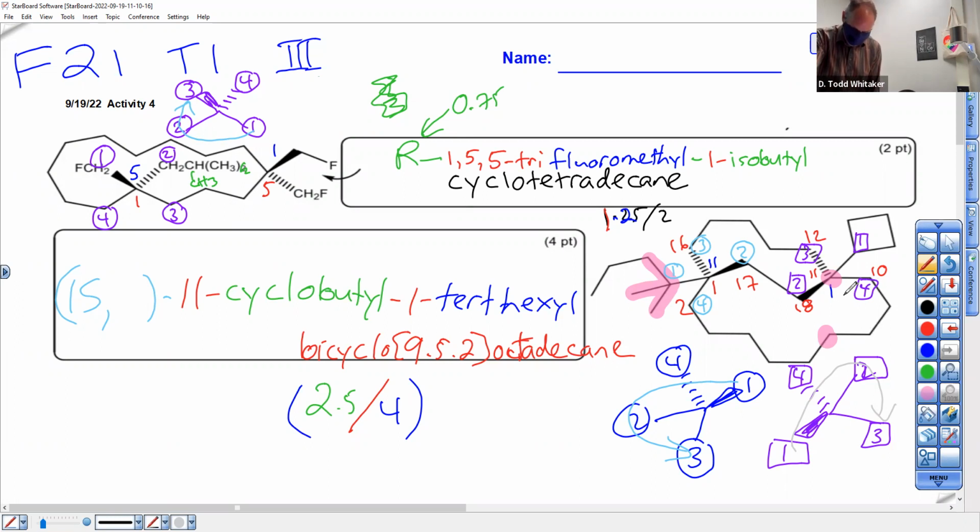And it's stereo center on red 11. 11 is R. R. And baby blue is S. And now you got 1.5 out of 1.5 up there. Those two, 1.5 out of 1.5. There's your 4 points.